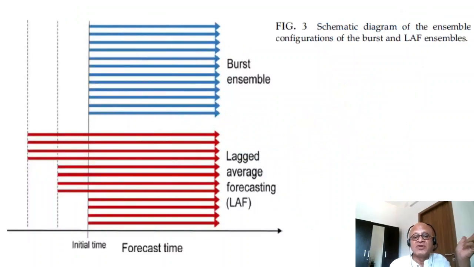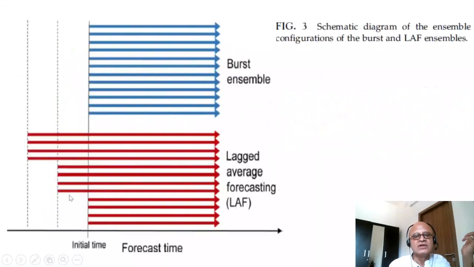Okay. Briefly, this is the burst ensembling, where every ensemble member starts at the same time. This is the lagged average forecasting. Obviously, if you start from a previous time and the forecast is starting here, the skill would have degraded, but there are other advantages to doing it this way.